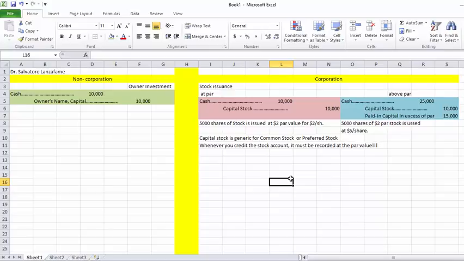You're either going to debit cash and credit the stock account, both at par, or if the stock is issued above par, then you would actually have an extra account called paid in capital in excess of par. So basically, we are creating new equity accounts. There are new equity accounts in this chapter, and we can say specifically these are new stockholders' equity accounts.